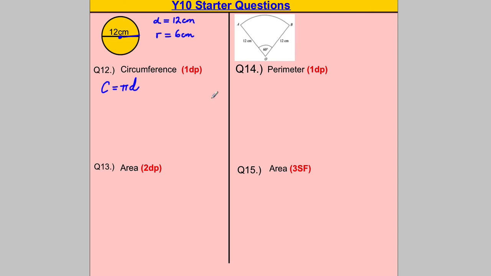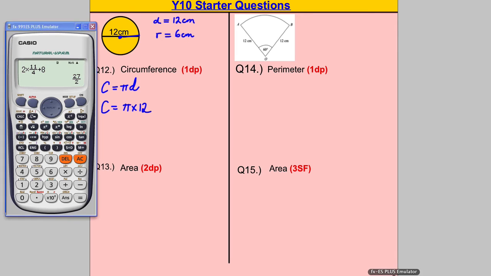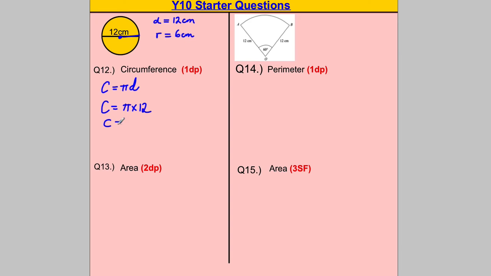So state your formula usually for 1 mark. So the circumference is going to be pi multiplied by 12. If you type that in your calculator and you do shift pi multiplied by 12, the calculator actually says 12 pi. So it's 12 pi centimeters if you left it in terms of pi.